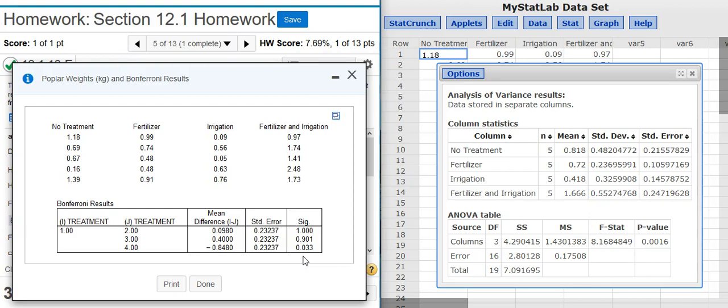If the p-value is greater than our significance level, that means there's not a significant difference between the 2 treatment groups. Remember that if the p-value is less than or equal to the significance level, then we reject the null hypothesis.